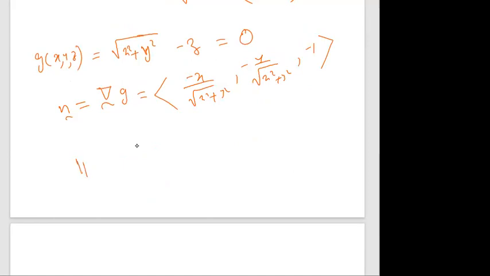The magnitude of this, what is this? Again, square root 2, right? This one squared, this one squared, this one squared, sum that up, square root. And so the unit normal to that surface.